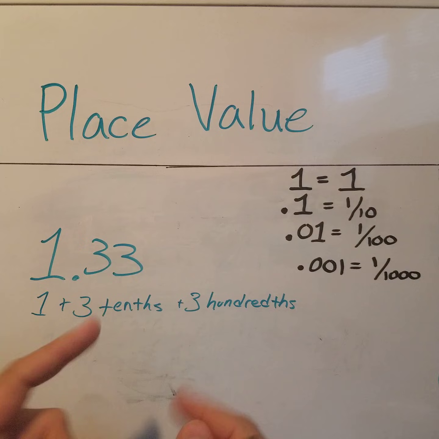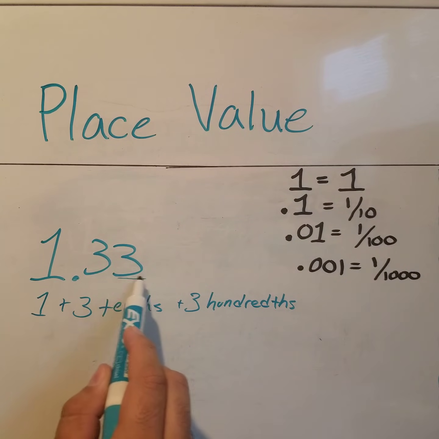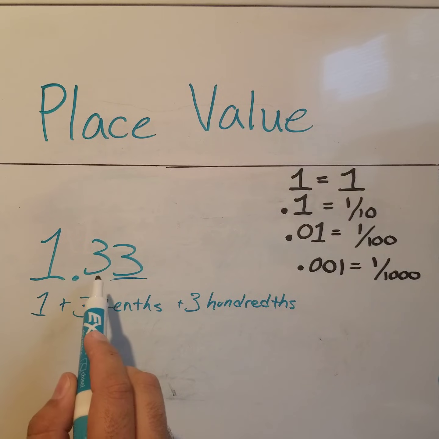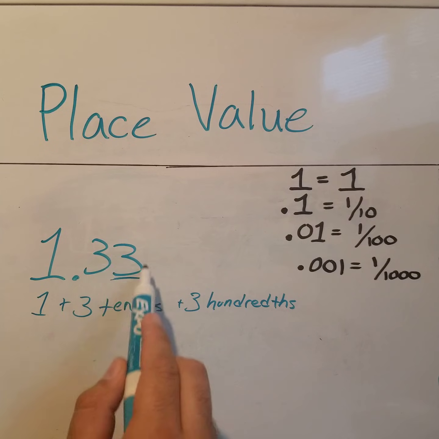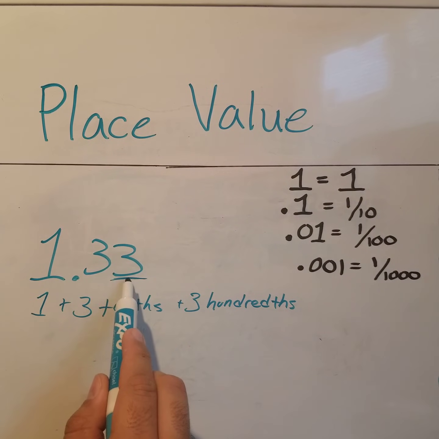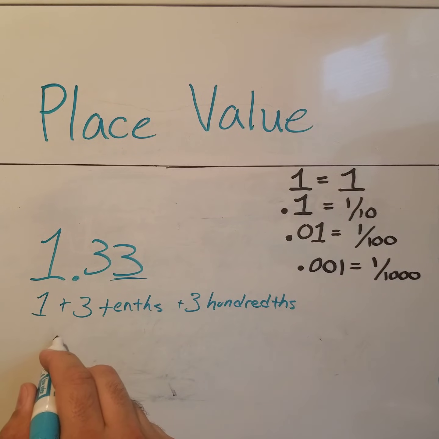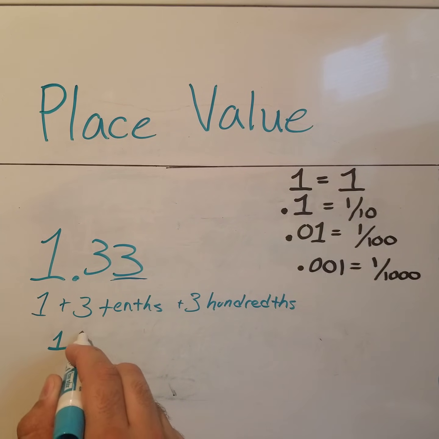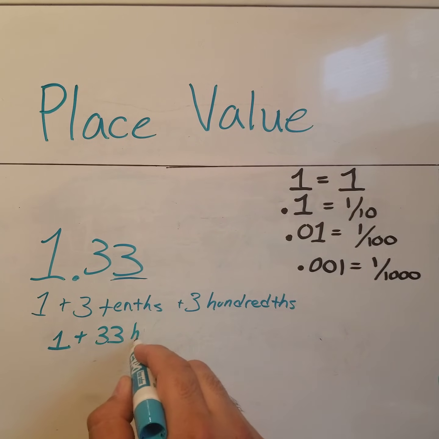We want to keep it short and simplified. So when you have this second placeholder, you're no longer really thinking about the tenths, because as a whole, you're now focused on the hundredths. Okay? So the correct way of saying this would be you have 1 plus 33/100.